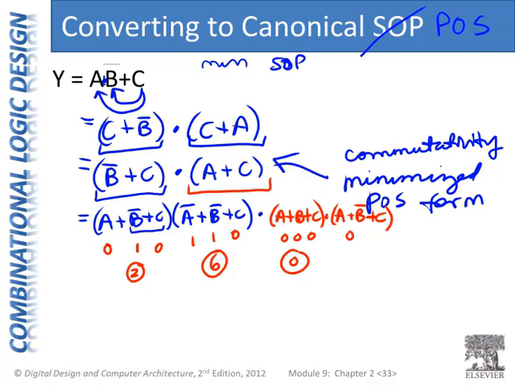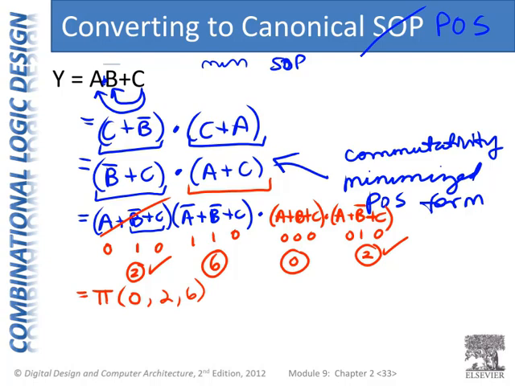This is the 0, 1, 0 max term 2. And so if I wanted to write this in shorthand form, I would write it as the product of max term 0, and I notice now that I have duplicates. Max term 2 was duplicated, so I can get rid of one of those terms in my expression. So max terms 0, 2, and 6.